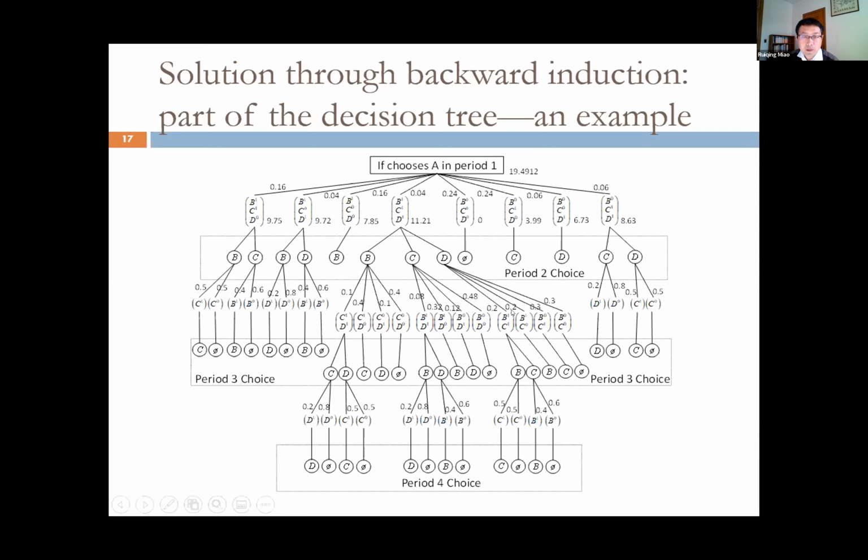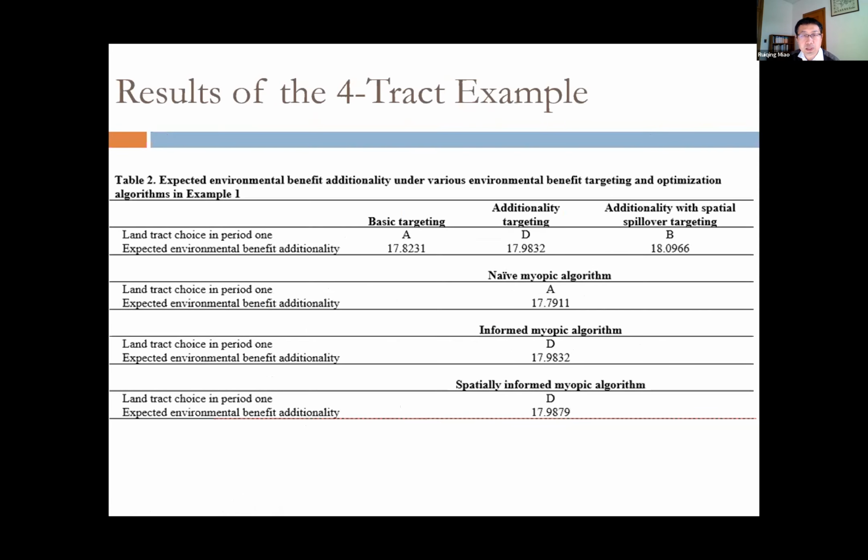So we used backward induction and solved the problem to identify, in period 1, which grassland tract should be acquired under easement, should be eased.